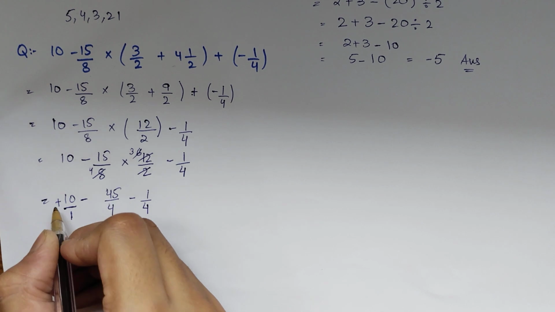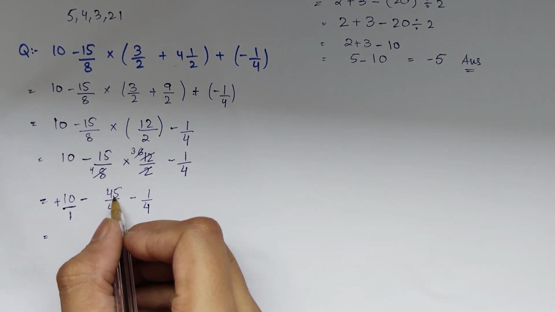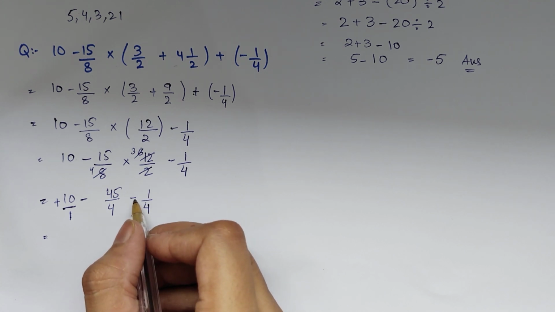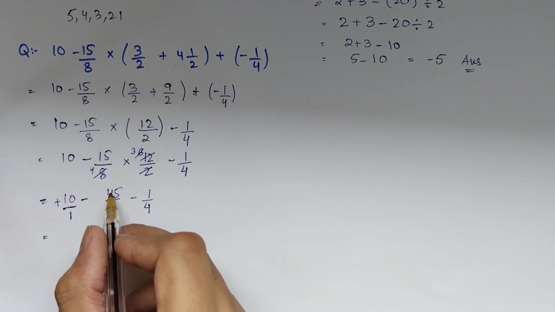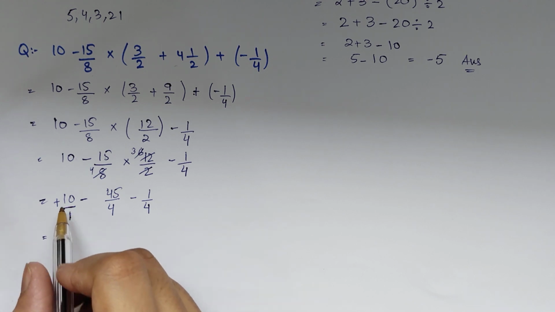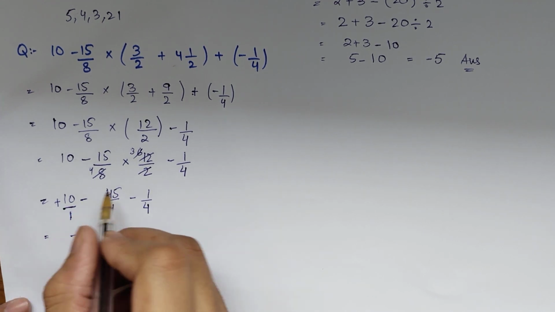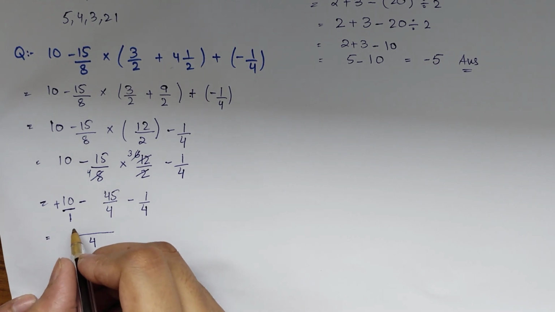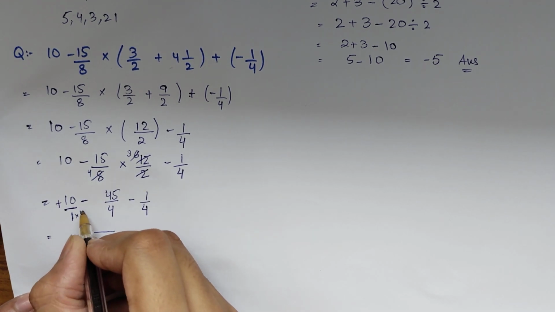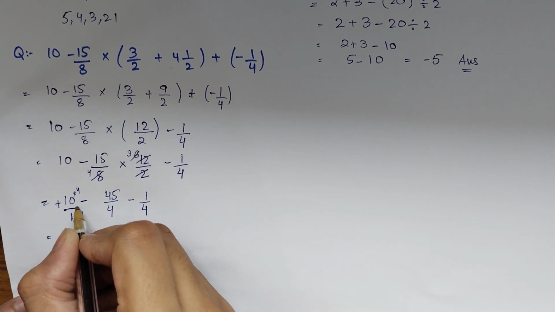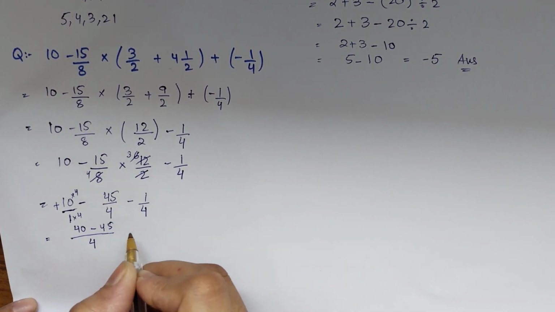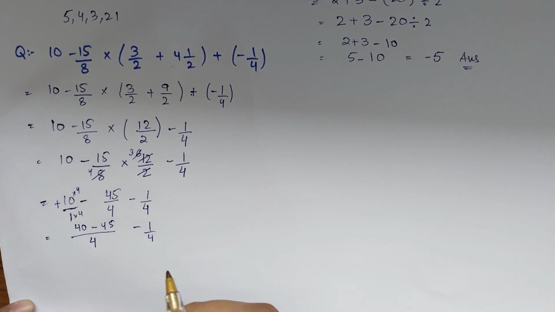This 10 has a plus sign, 45 over 4 has a minus symbol, and 1 over 4 again has a minus sign. So I would solve the first two values first. Firstly, you have to take the LCM, making the denominators the same by multiplying by 4. It becomes 40 minus 45 and minus 1 by 4 as it is.